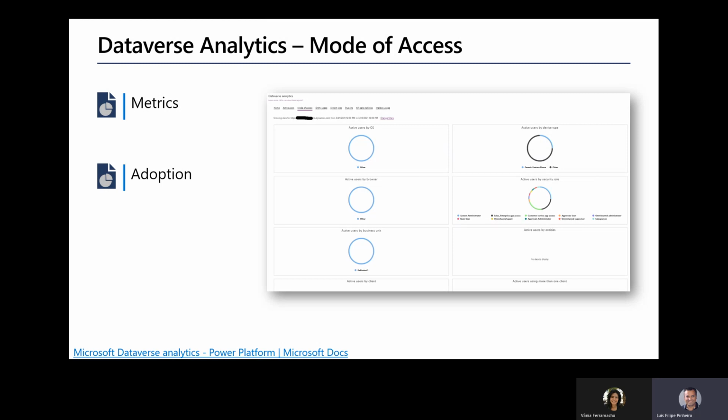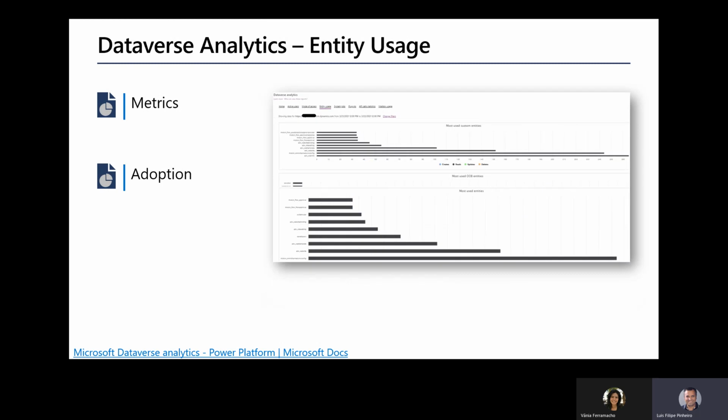Then we can move to the entity usage dashboard, which displays the most active entities by operation. This is split between out-of-the-box entities on one side and custom entities on the other. The most used custom entities chart helps to visualize whether a recent update made by my organization or by a vendor is being used.